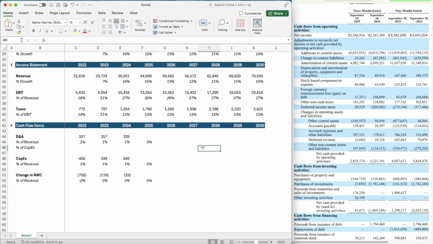So if we take 329 divided by 247.406, no, I did that wrong. 249,375. 1.318, so equals 47.406 multiplied by 1.31895.